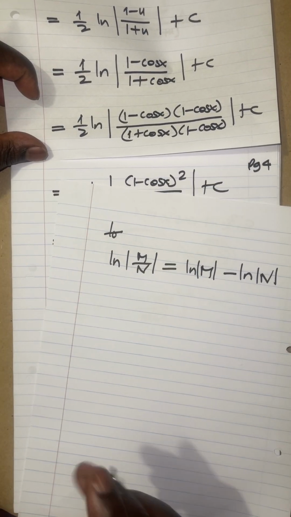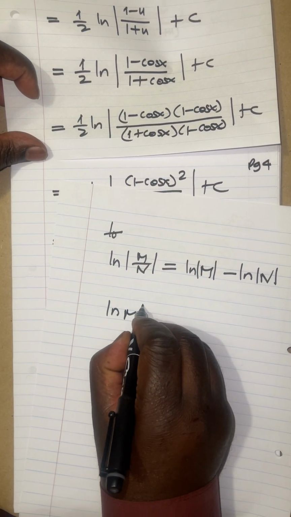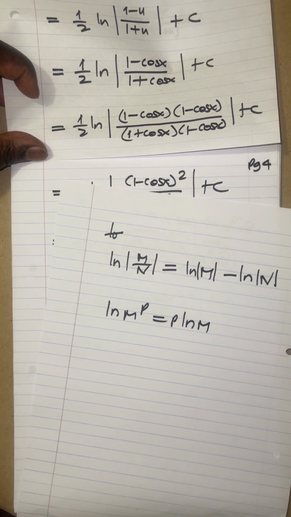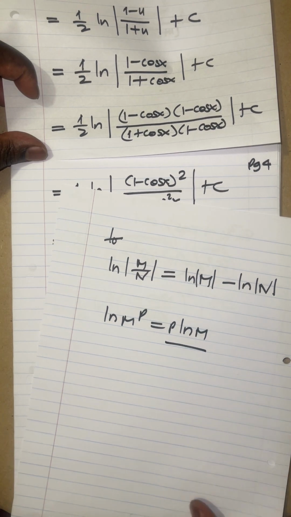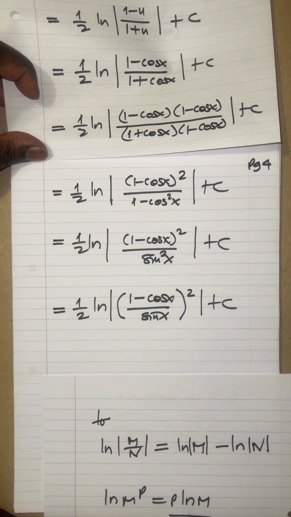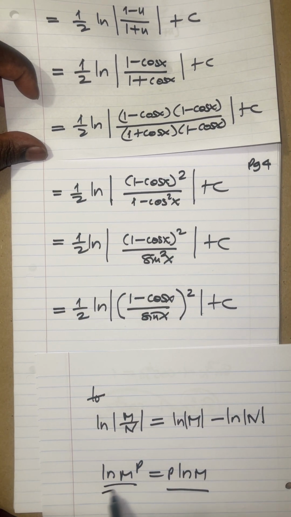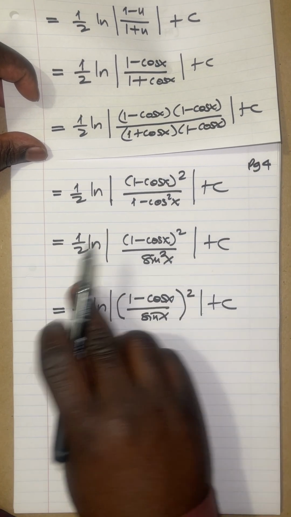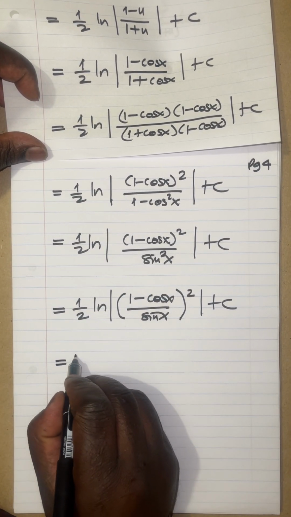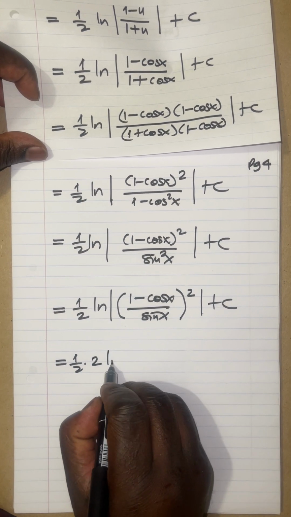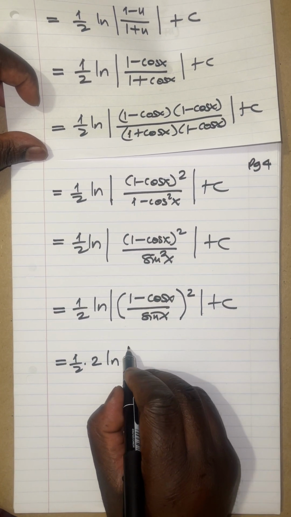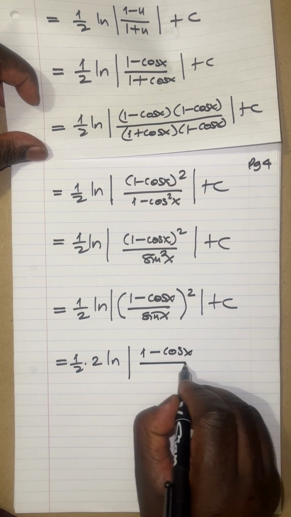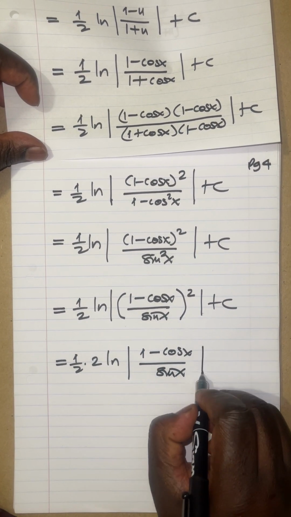There's another law of logs that says natural log of m power p equals p natural log of m. So now if you look at this form here, it is the form we need, because we have this form with a power there, where our power is 2, so it must come this side. So we're going to have 1 over 2 times 2 natural log of, watch this, now I need the absolute value to be maintained, 1 minus cos x over sine x, and then plus c.